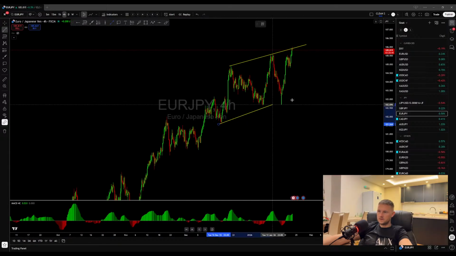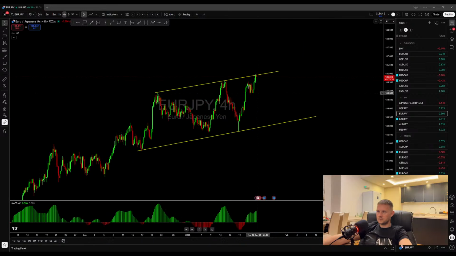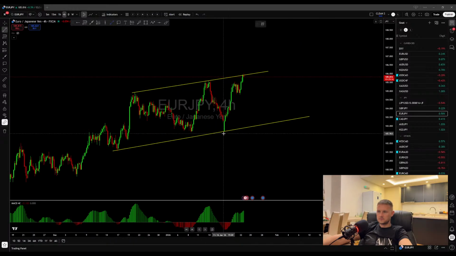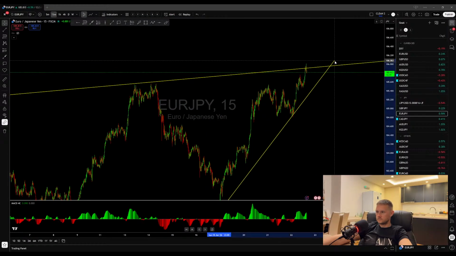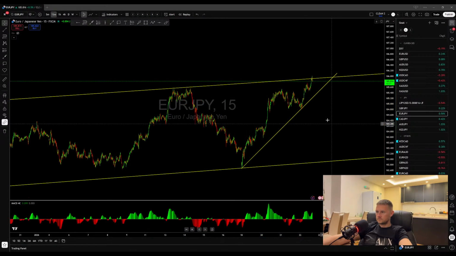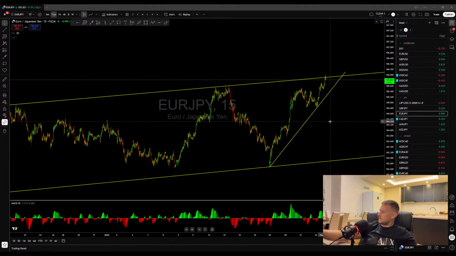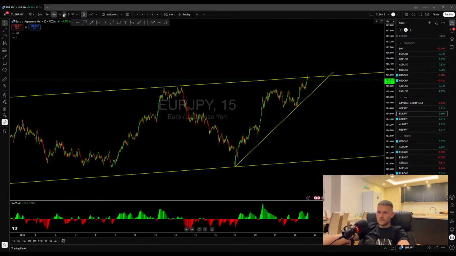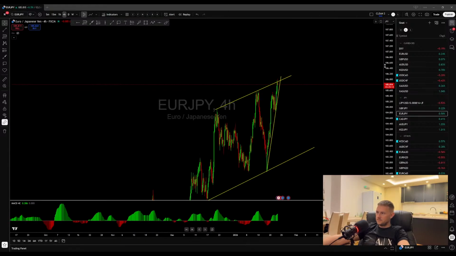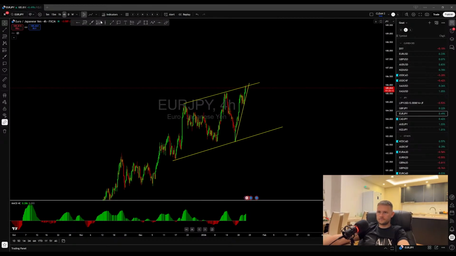I think the yen has already reached the top. I don't believe this is about to continuously push forward. I think it's better to not trade anymore.